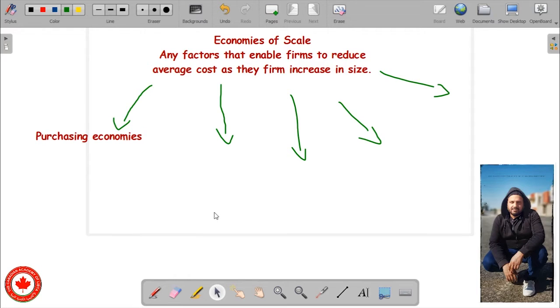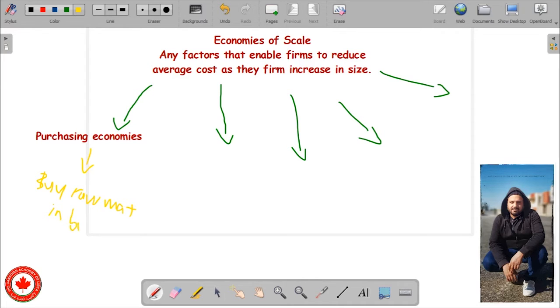Purchasing economies is the idea that the large firms are able to provide themselves with more raw materials in a larger quantity. They're able to buy raw materials in bulk.